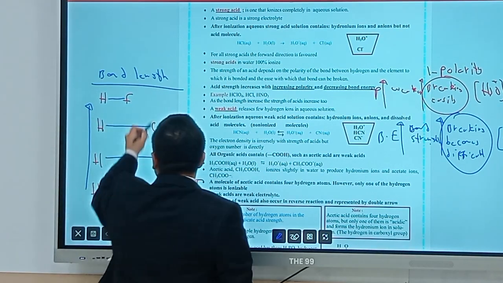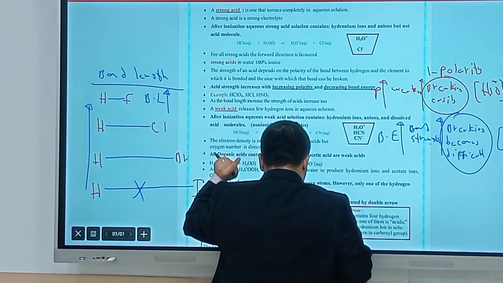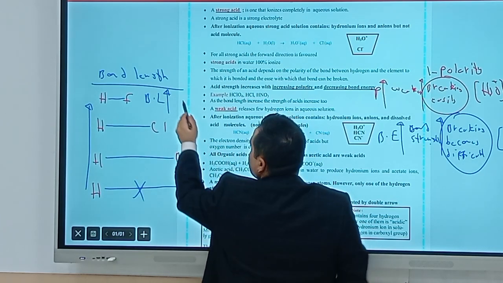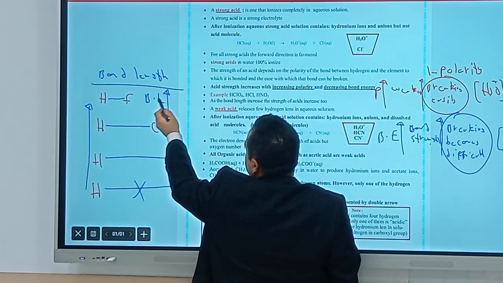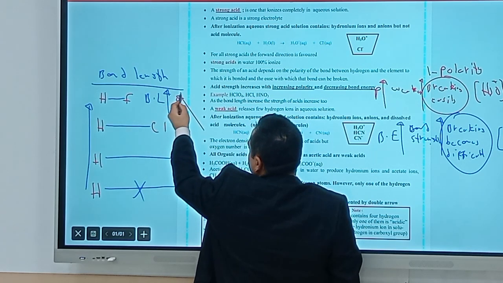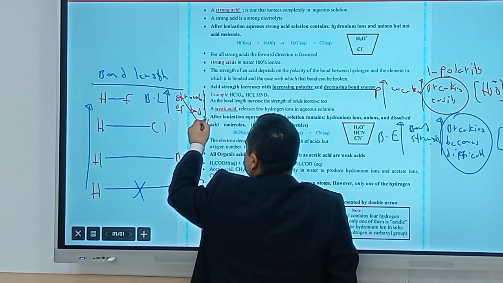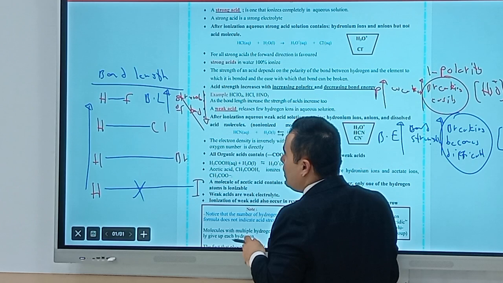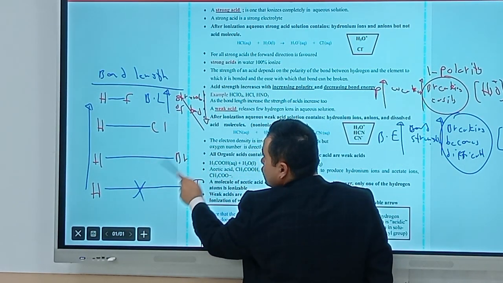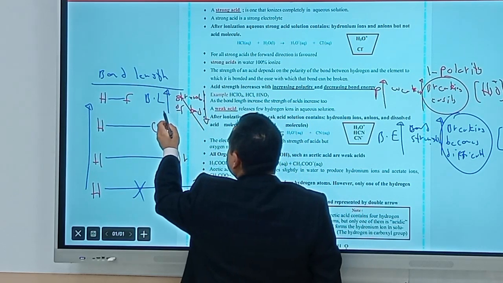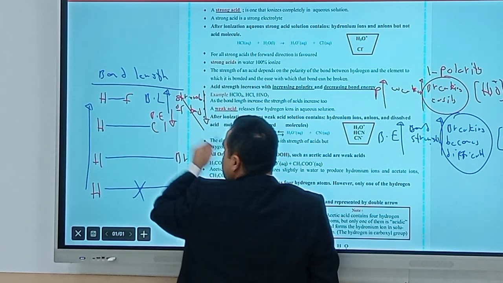So guys, let us say as the bond length increases, what will happen to the strength of the bond? It reduces. Why? Because the bond becomes weaker to break down. And as the strength of the bond reduces, the bond energy reduces as well.